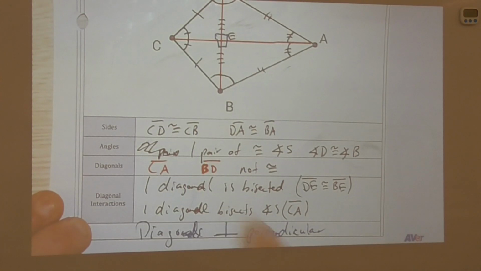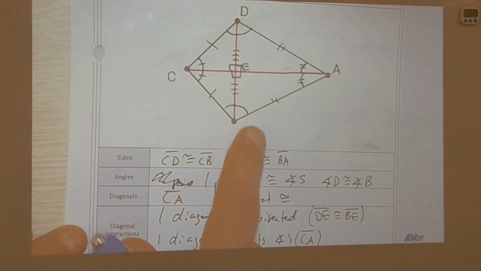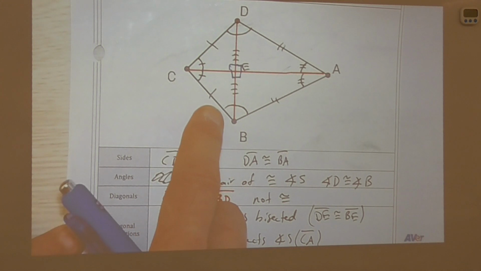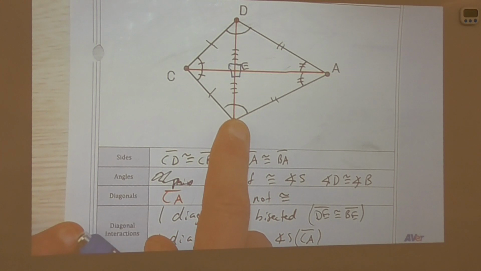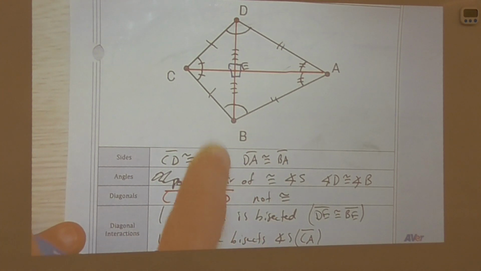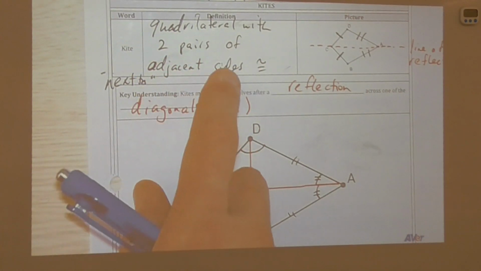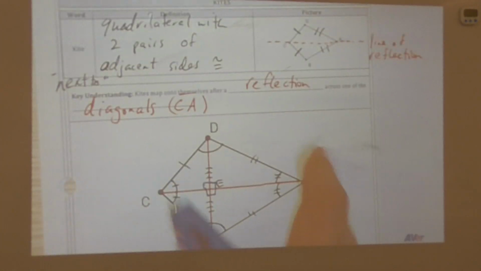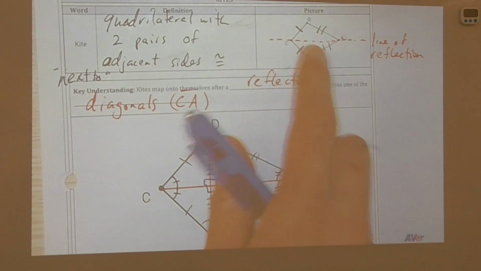All right, so this is already on the reference sheet that you received, and you can really figure out a lot about a kite by drawing in its diagonals and looking at it, but you do need to know that a kite is a quadrilateral with two pairs of adjacent sides and be able to mark those up. You need to know that it maps onto itself after reflection over one of the diagonals.